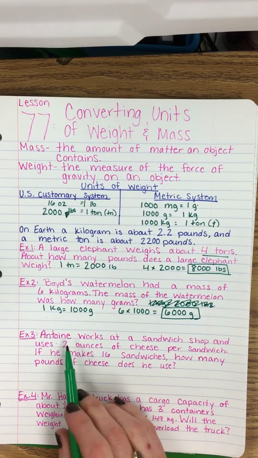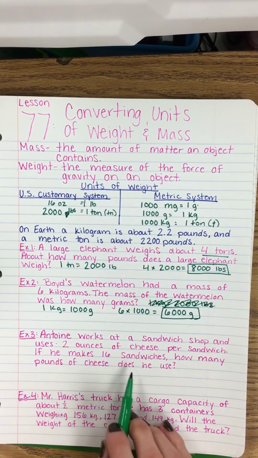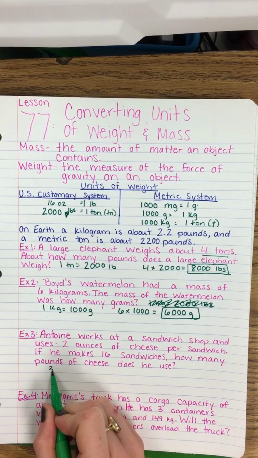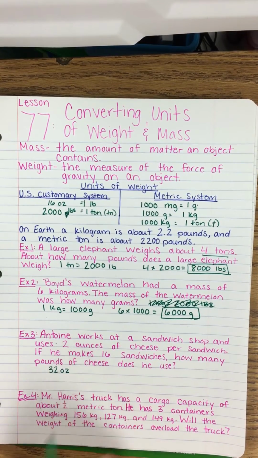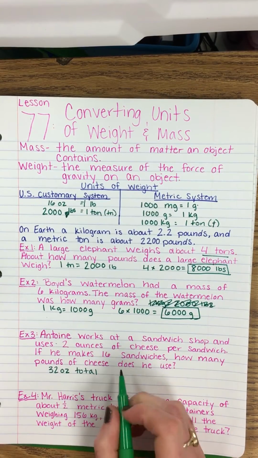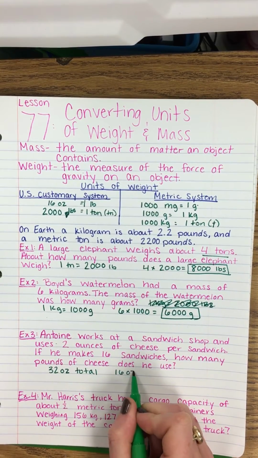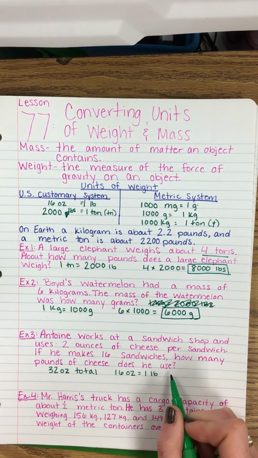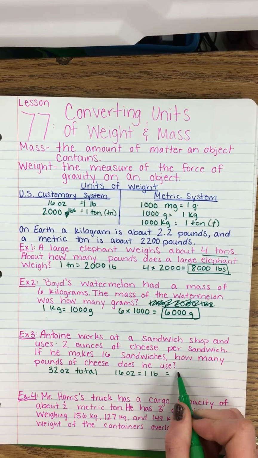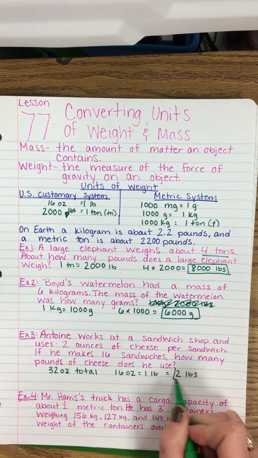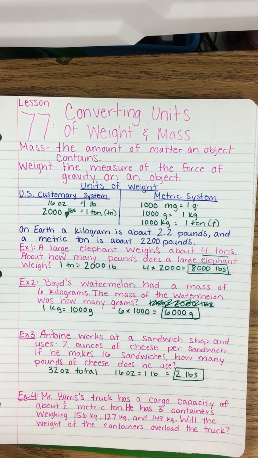He's got 16 sandwiches with 2 ounces each, so he's using 32 ounces total, and 16 ounces equals 1 pound. So 32 ounces equals 2 pounds. That's how much he uses total.